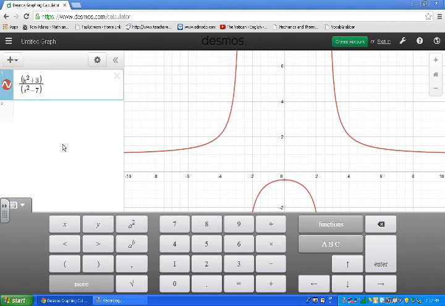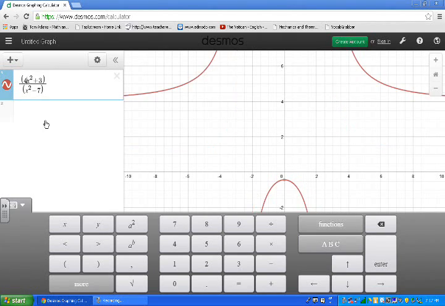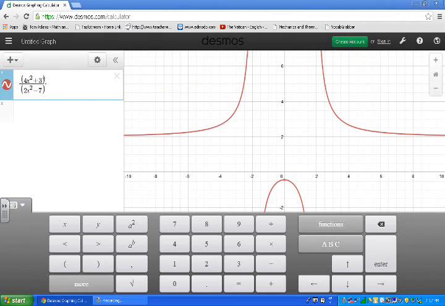If I change some of these numbers around but leave the degree of the polynomial the same, notice that it doesn't change the behavior too much, other than it creates a horizontal asymptote at the ratio of the leading coefficients.